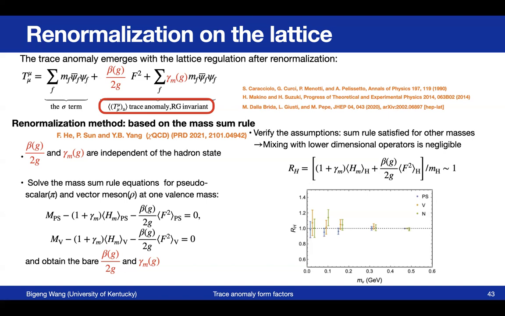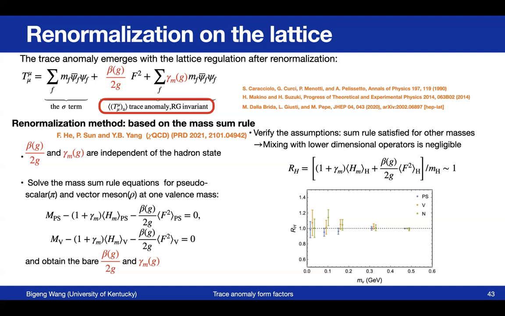Why did you say that they assumed that beta over 2G was independent of quark mass? I think Andrew didn't assume that. I think Andrew said you need to actually extrapolate. Well, they said they fixed the quark mass and then applied this for everything.